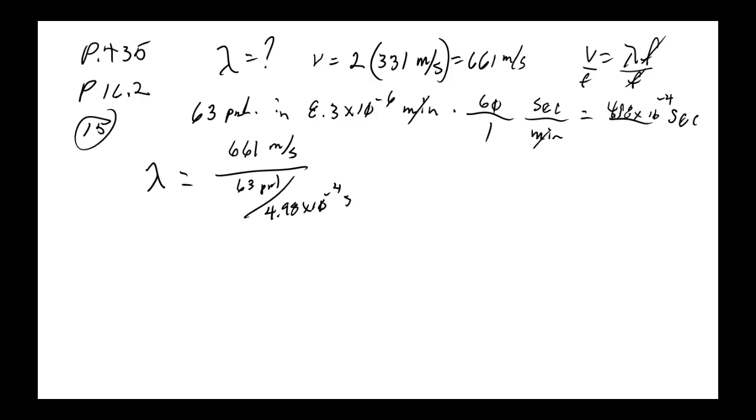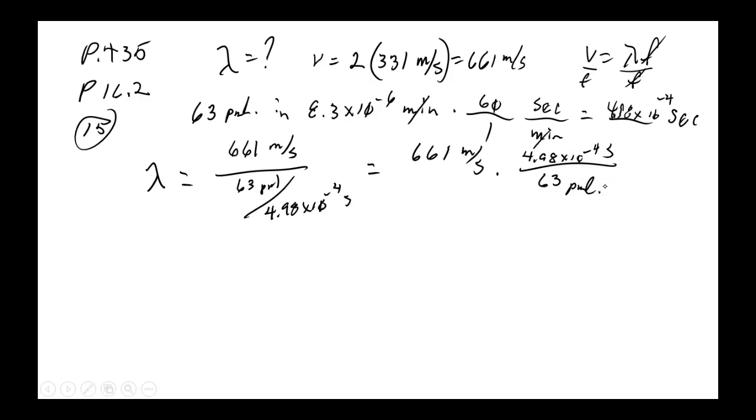Now, to make the calculation easier: 661 meters per second times, when you divide, you invert and multiply, 4.98 times 10 to the minus 4 seconds divided by 63 pulses.